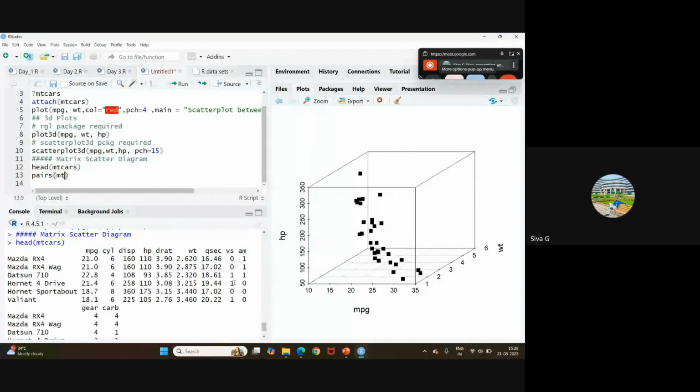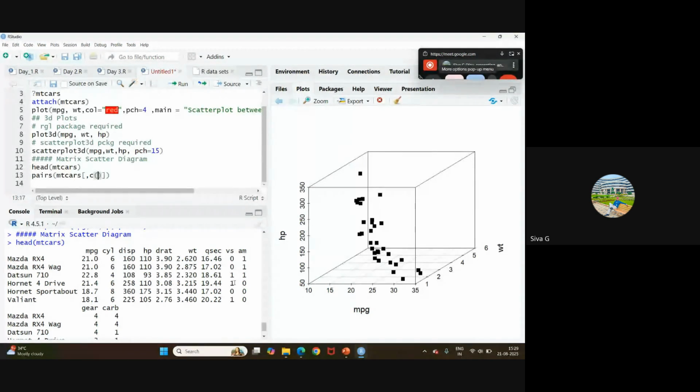I will go with mtcars. In this mtcars data set, I am using the index position. In the first class, I told you how to take the index. Now, in this index, I want all the rows. In the columns, I want more than one column, so I use c for concatenation. Before the comma indicates the rows, after the comma indicates the columns. What columns do I want?